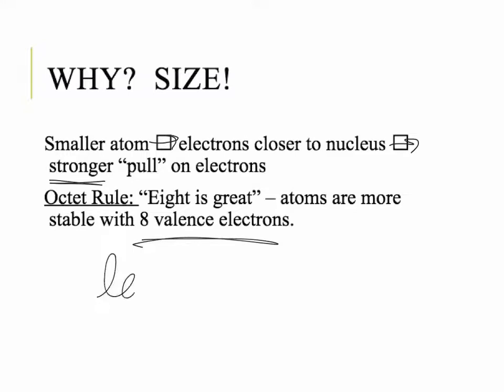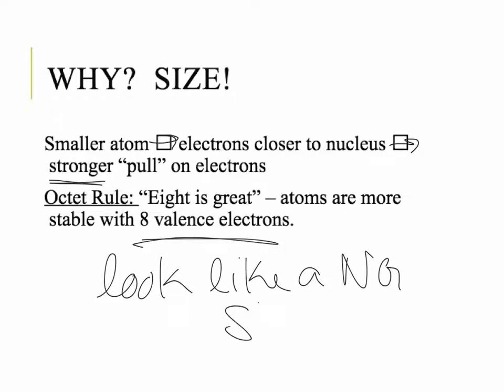They want to look like a noble gas with 8 valence electrons, or that full s and p shell. So the atoms that are very close to having 8 valence electrons want that one extra one so badly that they're going to do anything for it. And so that's another reason why our electronegativity is very high on the upper right corner of the periodic table.